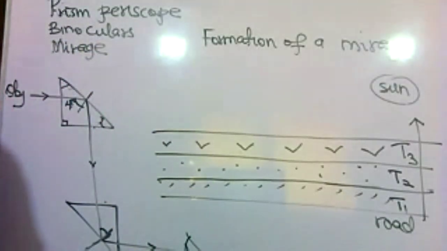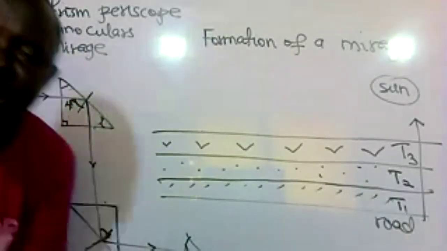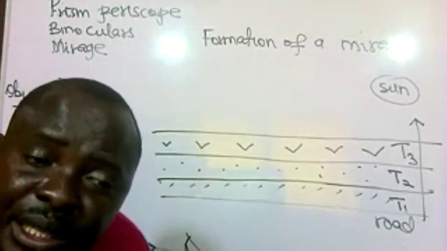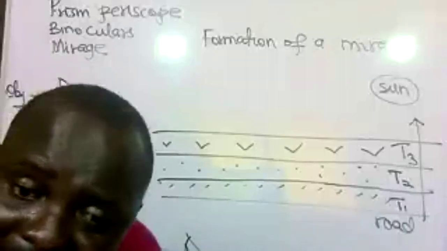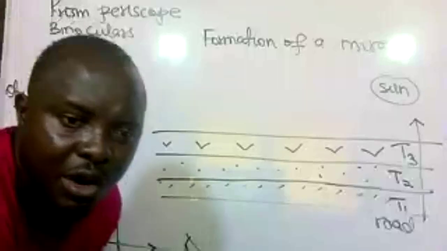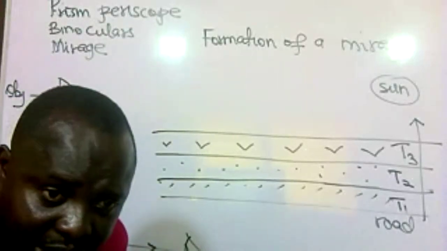It decreases. And this is the reason why we say that the higher we go, the cooler it becomes, because as we are going up, the temperature of the air layer decreases.